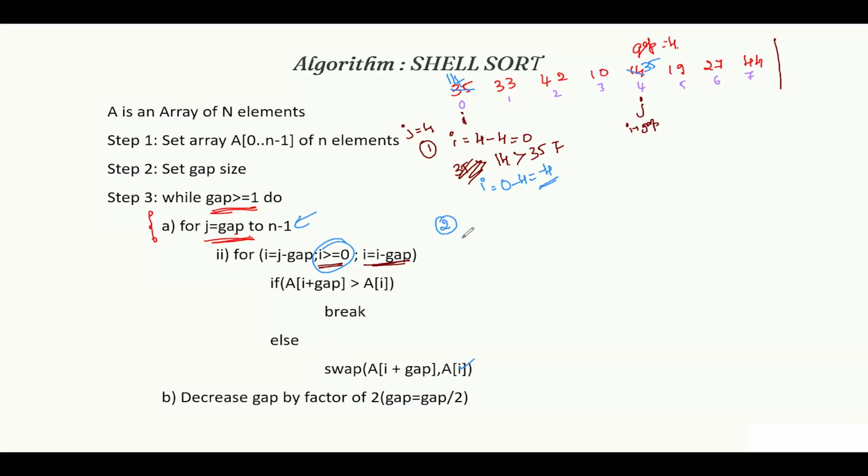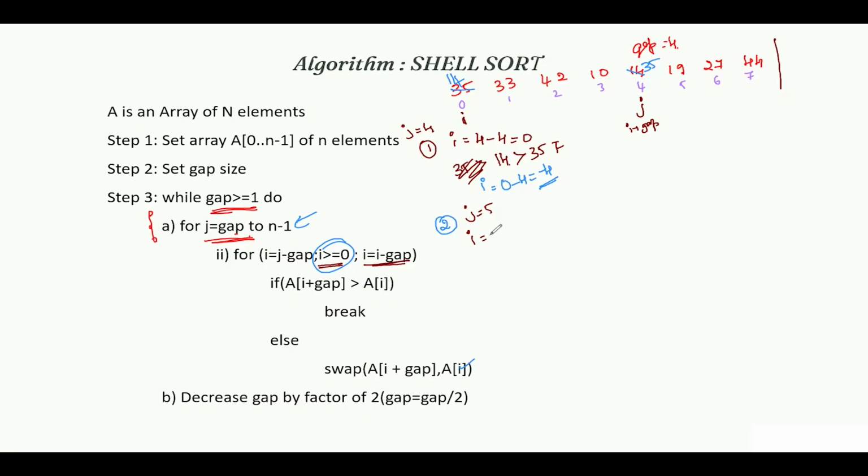So now I'm entering the jth loop for the second time. Once again, j is simply incremented, so now j is equal to 5. Once I change the value of j, I will enter the i loop again.